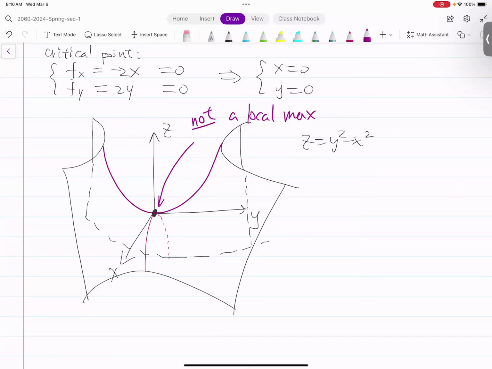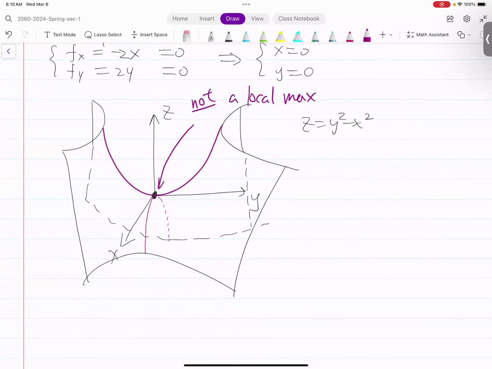So you have a few neighbor points that are higher than this black point. Okay, so this is not a local maximum. And if you look at the other trace in red, we have a parabola opening downwards, so the black point is the highest point here, so this is not a local minimum. Okay, so essentially, this is the critical point that's not giving you anything. So this is what's called a saddle point.